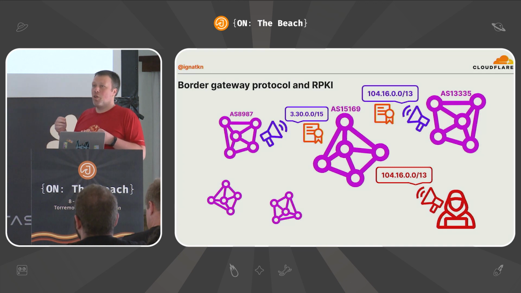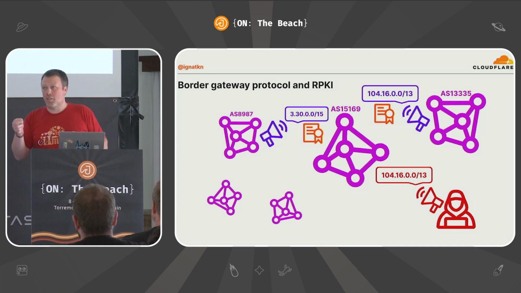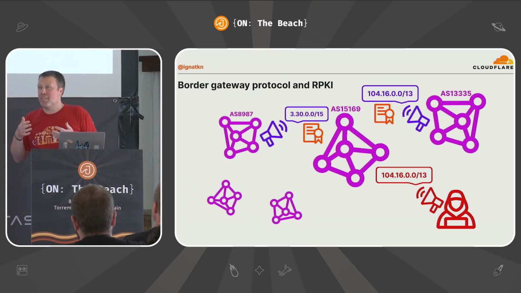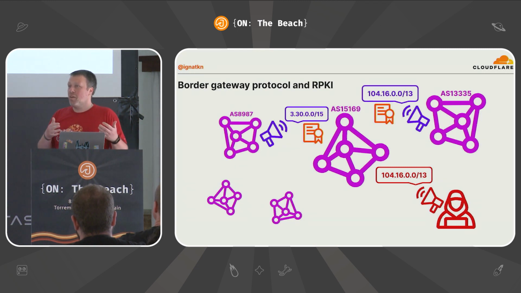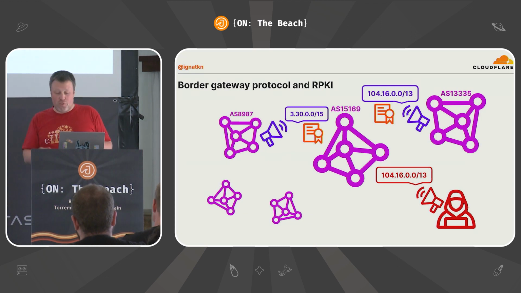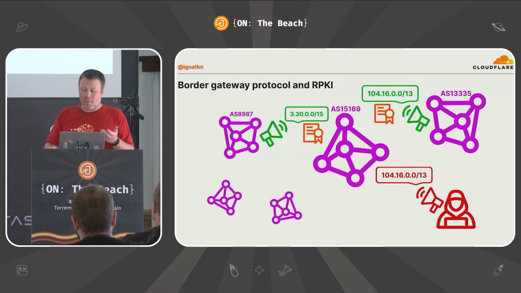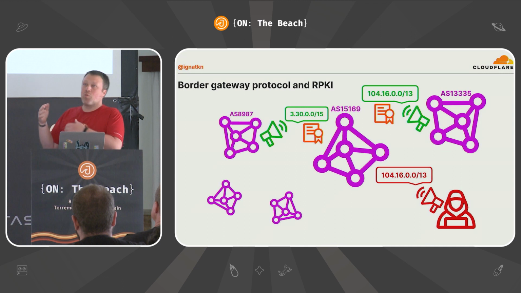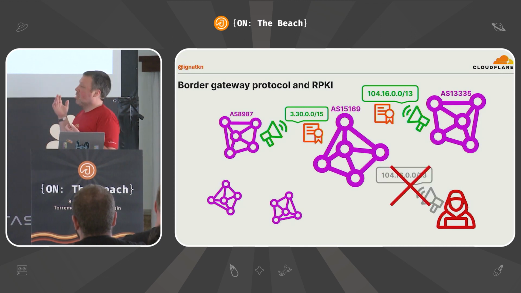You should not only sign your announcement, but also expect other networks to verify these signatures before sending the traffic that belongs to you. Unfortunately, I mean, this is quite efficient in theory, because this allows us to distinguish valid announcements from malicious announcements, and block hijackers from the internet.